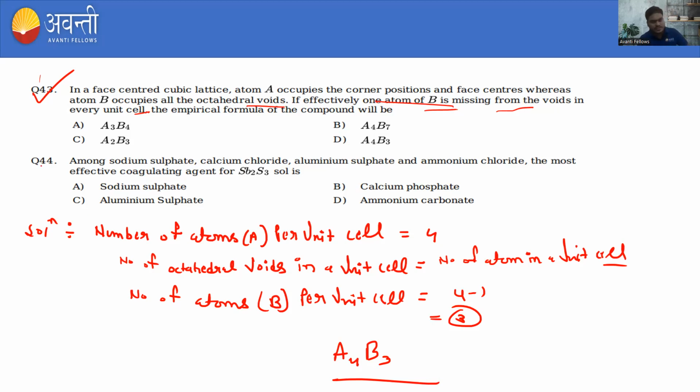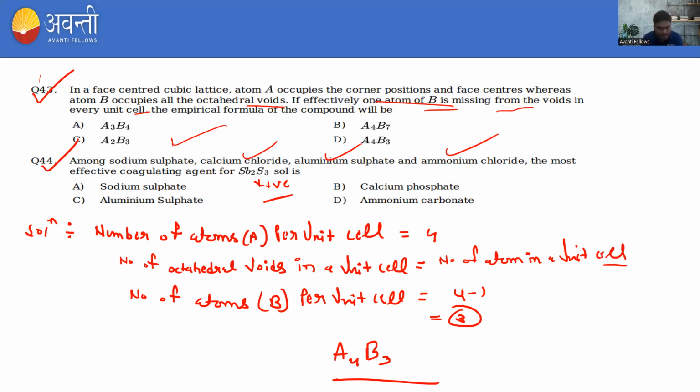That is question number 44. This question is from surface chemistry. Among sodium sulfate, calcium chloride, aluminum sulfate, and ammonium chloride, which is the most effective coagulating agent for Sb2S3? So remember this, the given sol is positive. So for this we need the maximum negative charge. So which has the maximum negative charge? Sulfate has -2 charge.